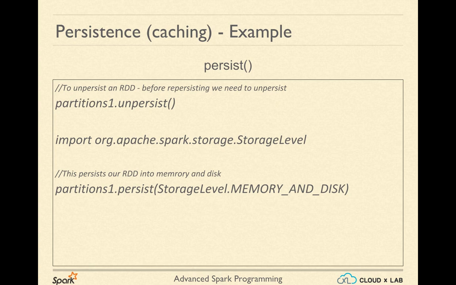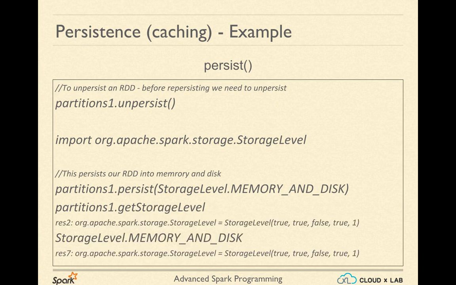If the RDD does not fit into the memory, it would spill over to the disk. Let's check using getStorageLevel, and you can see that it is the same as StorageLevel.MEMORY_AND_DISK.